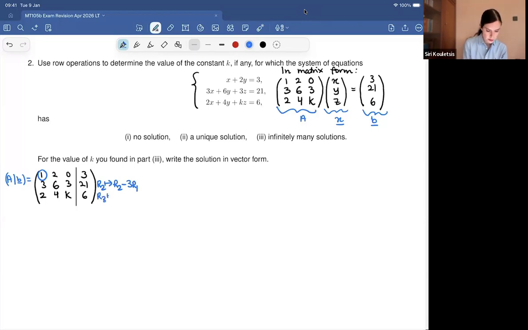And for row 3, if we do row 3 minus 2 times row 1, then that 2 will become 0. And then the rest of the row will become whatever it becomes. So we keep row 1 fixed, and in this case, we're only subtracting multiples of row 1 from the other rows.